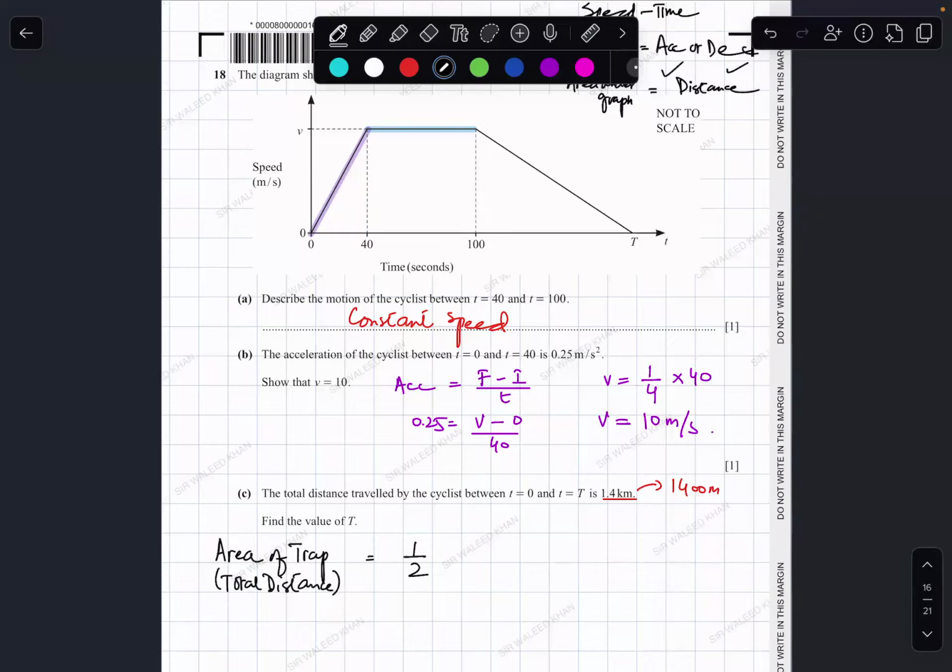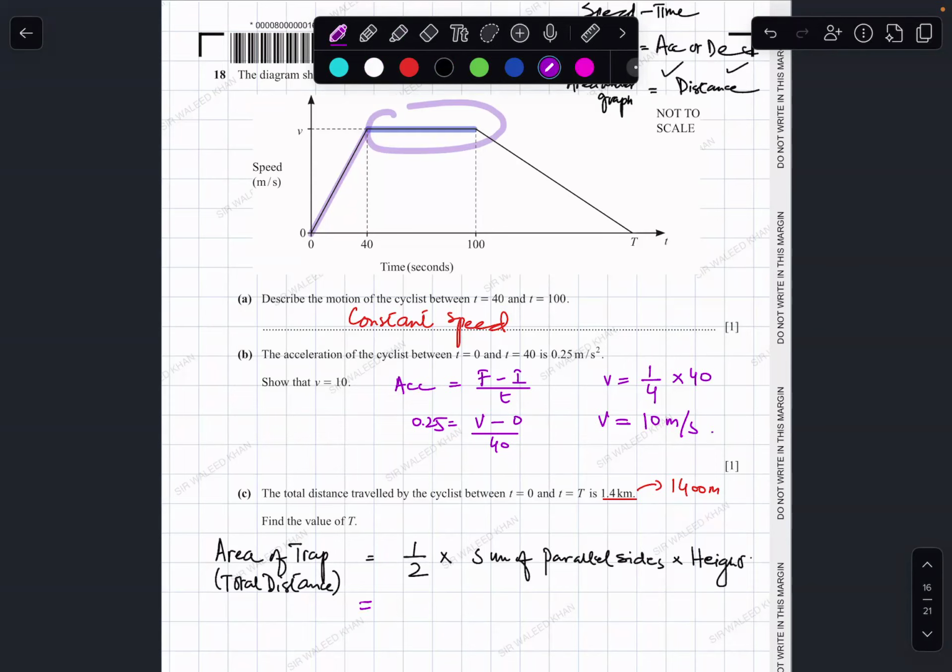So 1 by 2 times sum of parallel sides times the height. We have this as parallel. So the length of this is between 40 and 100, which is 60.